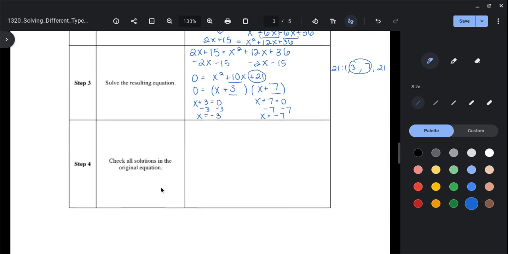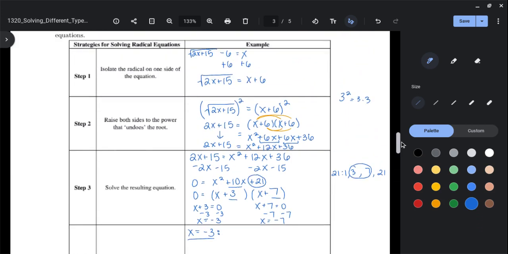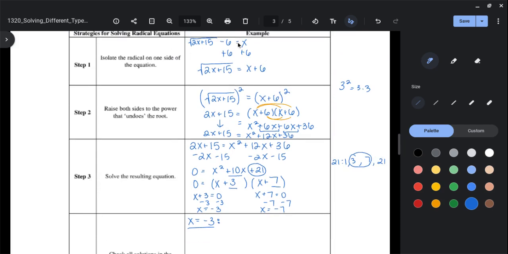Our very last step is we have 2 proposed solutions here, x equals negative 3 and x equals negative 7, but we need to check our solutions in our original equation and see, does it make it true? So let's first plug in negative 3 for our x's. Let me rewrite our very first form of the equation, which was the square root of 2x plus 15 minus 6 equals x.